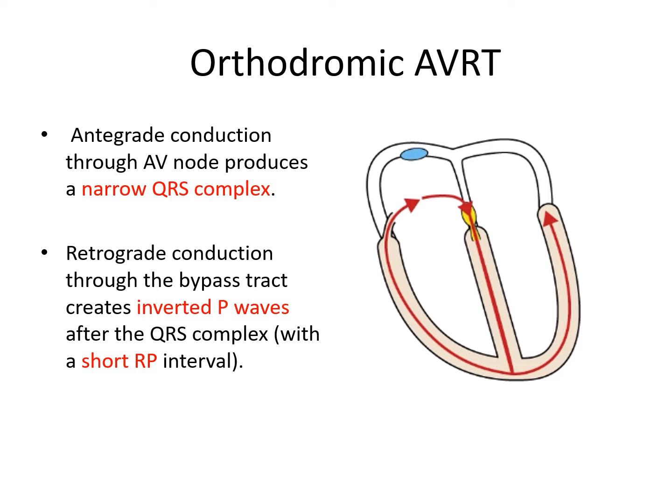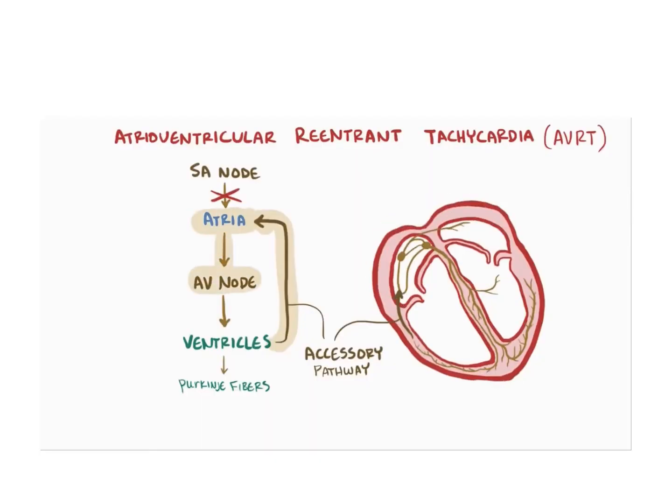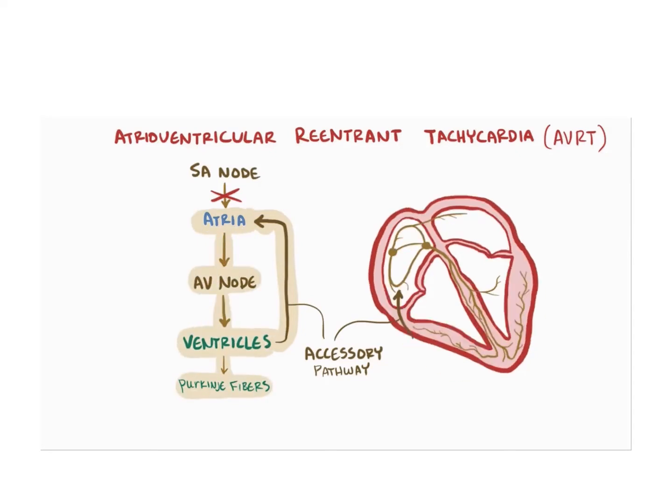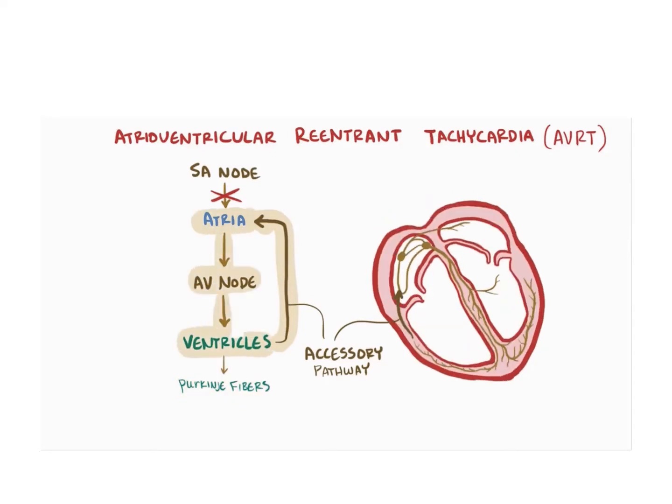Then, when the retrograde conduction occurs through the bypass tract, it creates inverted P waves after the QRS complex with a short RP interval, because this is a fast conduction pathway. So this is a diagrammatic representation of the same. The normal wave goes down through the AV nodal pathway, goes and depolarizes the ventricles through a Purkinje fiber pathway leading to a narrow QRS complex.